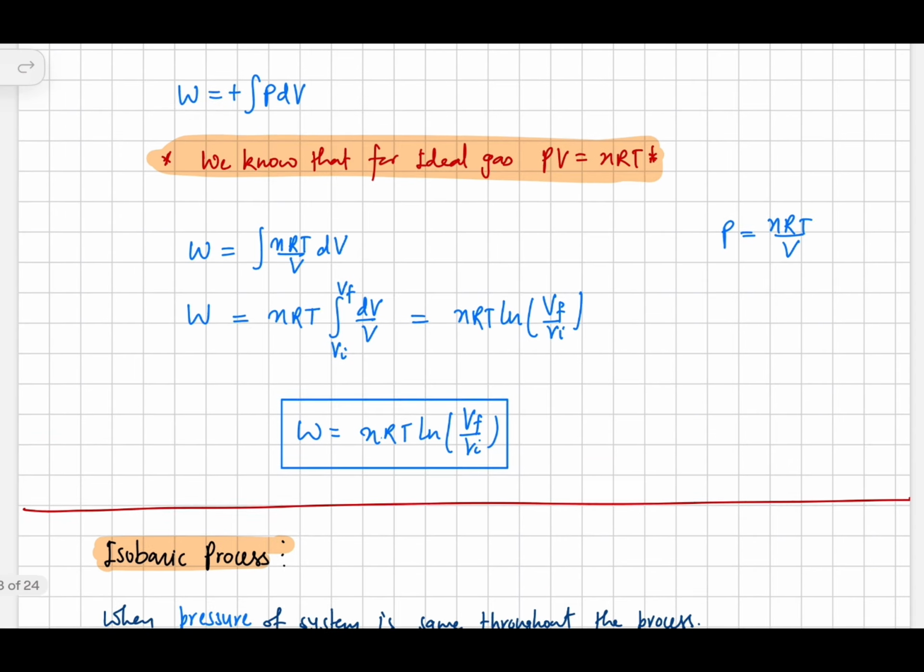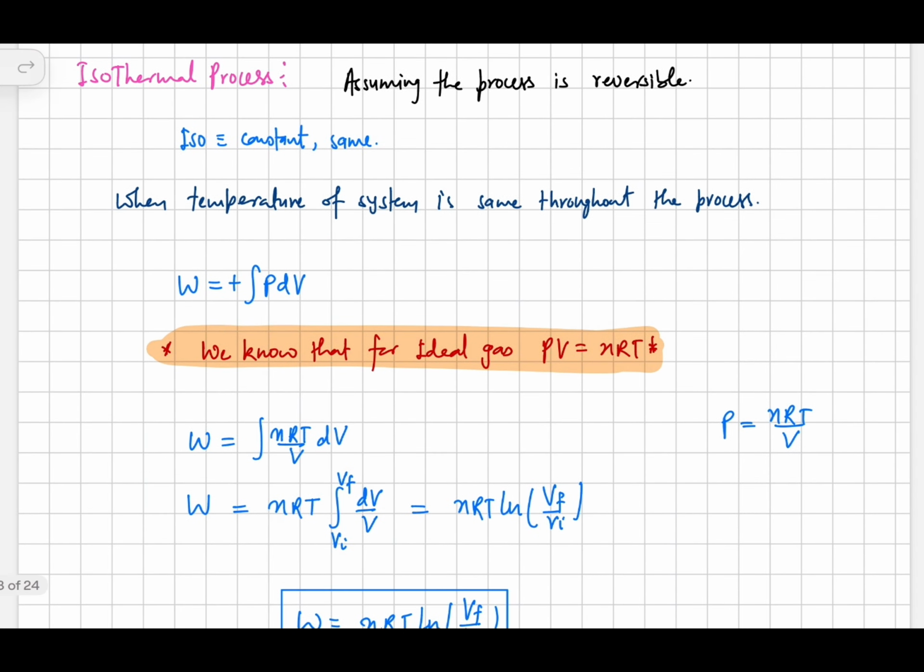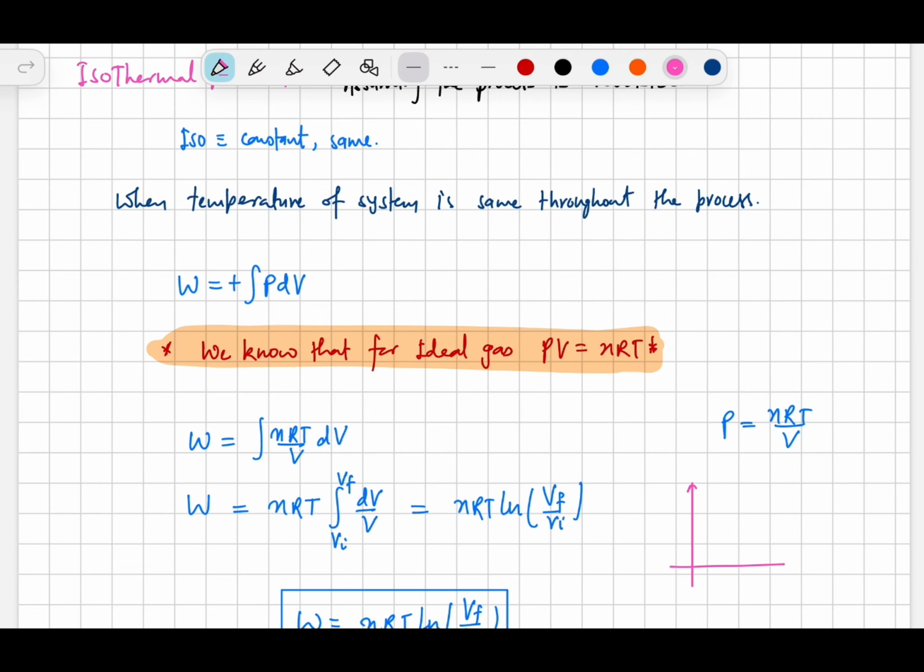And if you try to plot these kinds of processes in the graph, in the indicator plot, how will you draw them? Of course you need to see what you want to take on the x axis and y axis.